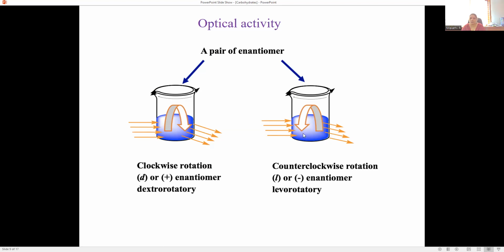And here, this solution has levorotatory sugar like fructose. When they pass the plane of polarized light in this direction, the plane of polarized light is twisted towards the anticlockwise or counterclockwise or the left side. So this solution which contains the carbohydrate or monosaccharide is called levorotatory, or it is denoted by small l or by a negative sign. Thank you, students.